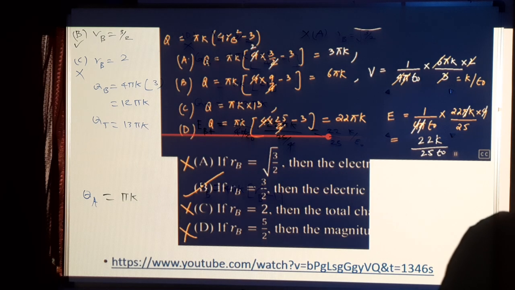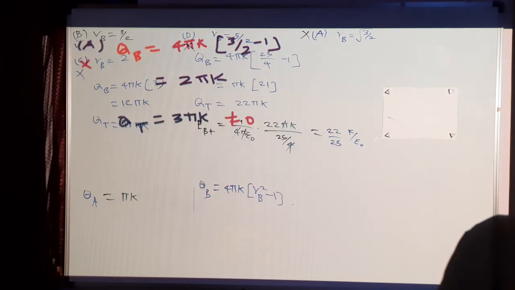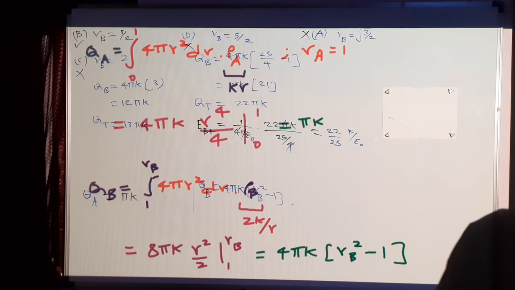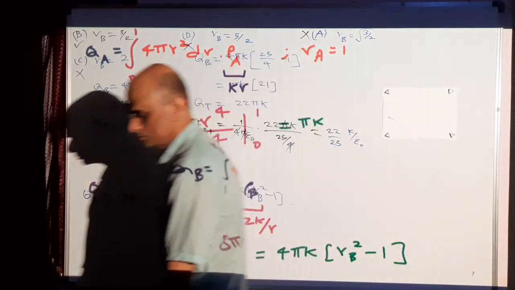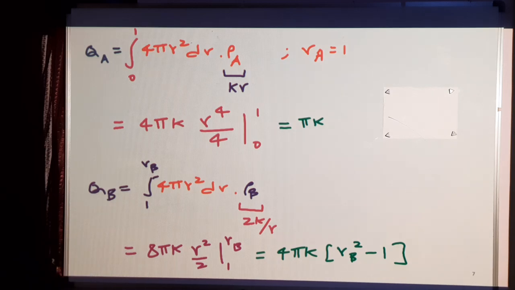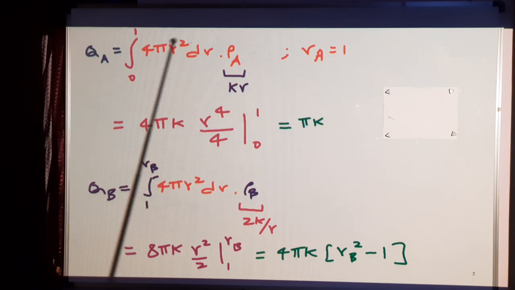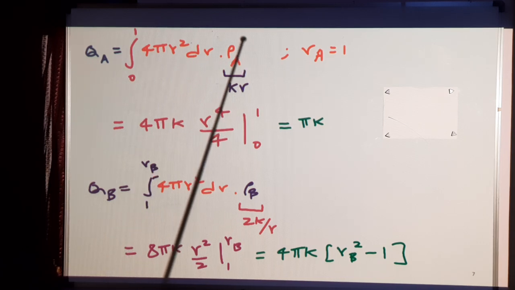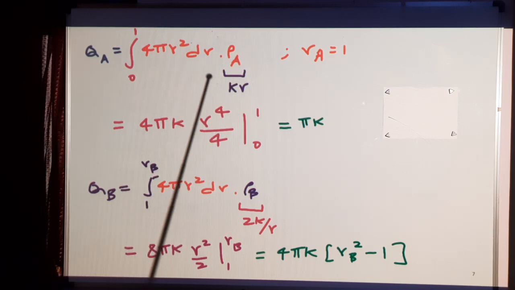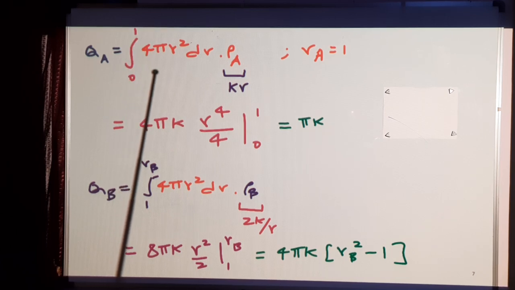First option, the total charge is 3 pi k. So this is what I explained here. The charge in the inner sphere QA is the integral of 4 pi r square dr, this is the volume of the shell, times the charge density. That is integrated from 0 to Ra, which is 1.